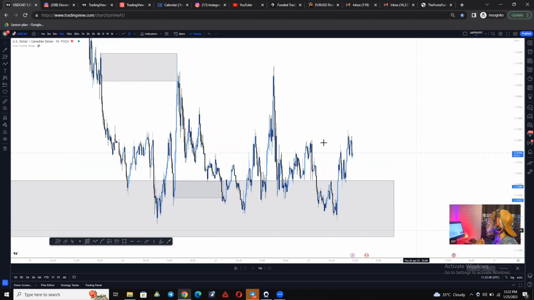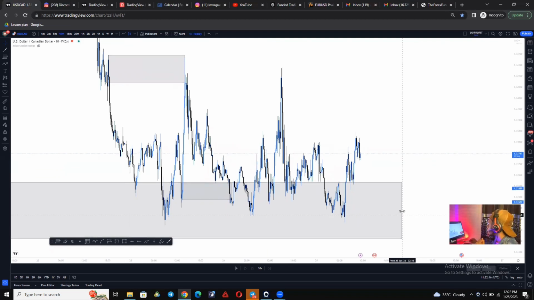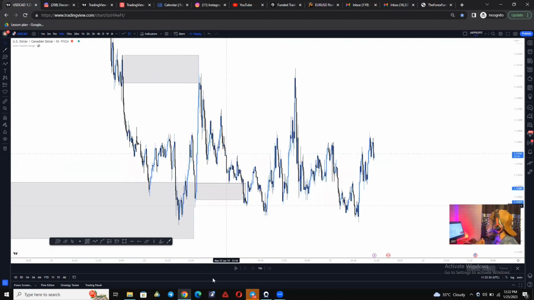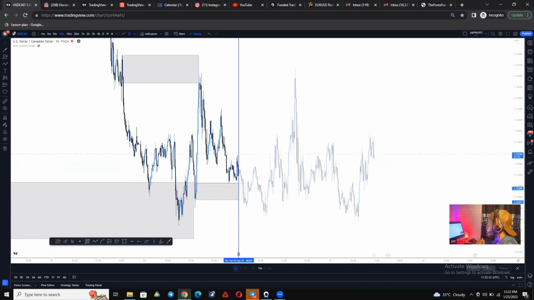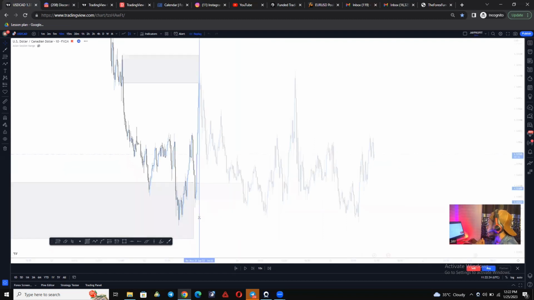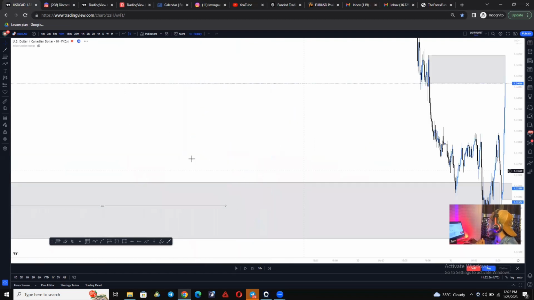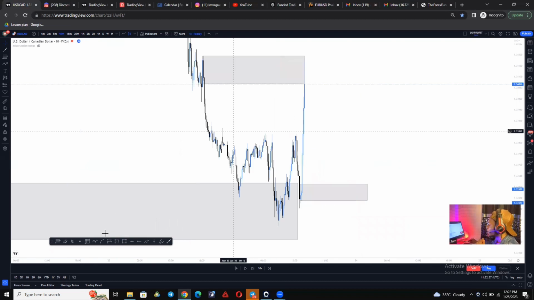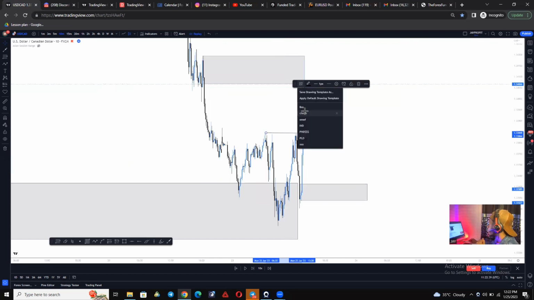All right, so this was an initial area of demand before, right about this point. Let me take price back. And if you remember, most of you guys bought USD CAD right about this point after this change of character right here.